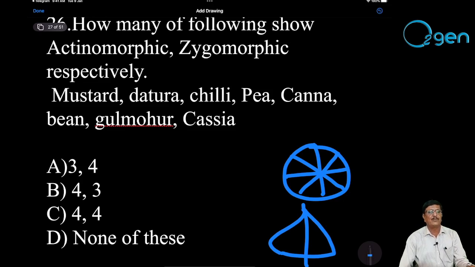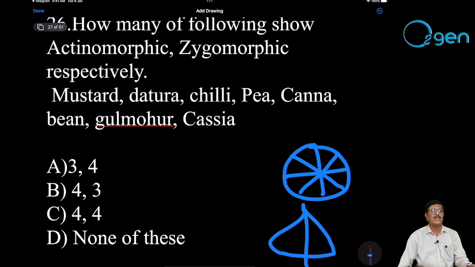They have given different plants. Mustard: in the mustard plant, it is actinomorphic. Second, datura also actinomorphic. Chili also actinomorphic. Pea, that is with vexillary aestivation, that's why it's zygomorphic. Canna also zygomorphic.